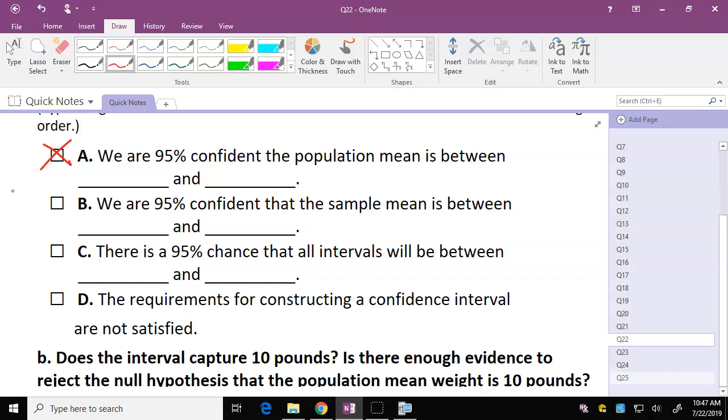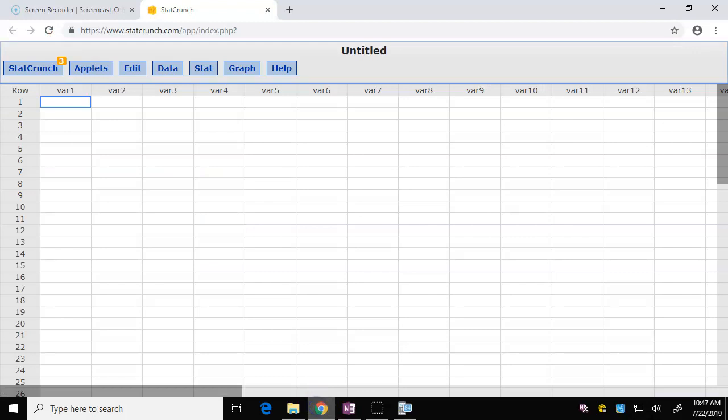Now we have to figure this out. Where are we going to go? StatCrunch, right? And what do we do in StatCrunch? We have to put in our values.